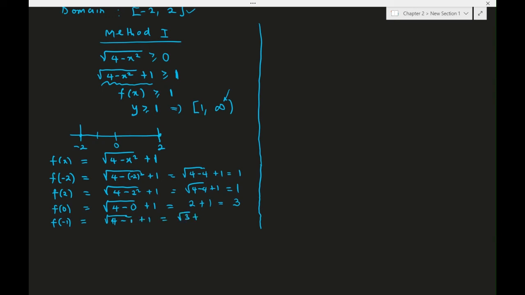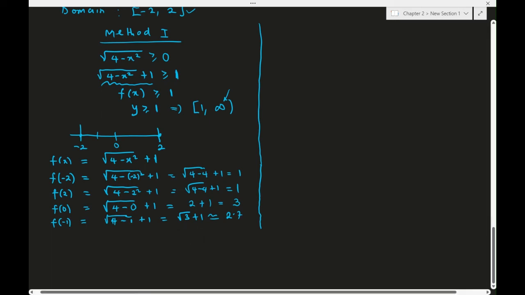So this is root 3 plus 1, right? But we know what root 3 is. In approximate value, this is approximately 1.73, which is less than 2. So this is approximately 2.7.